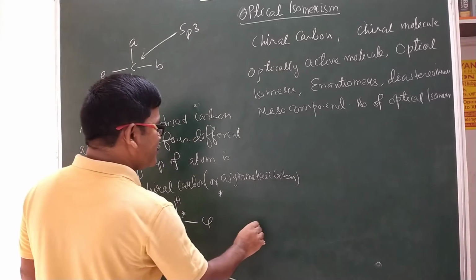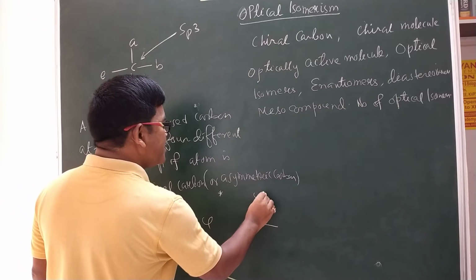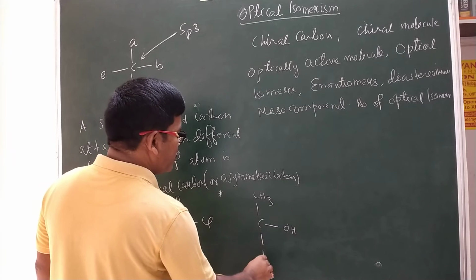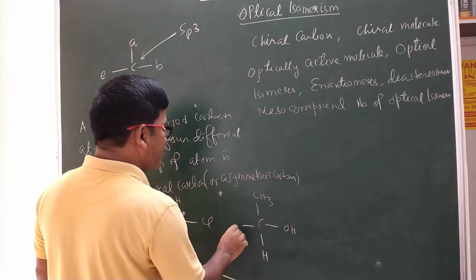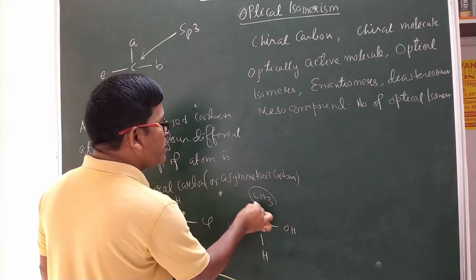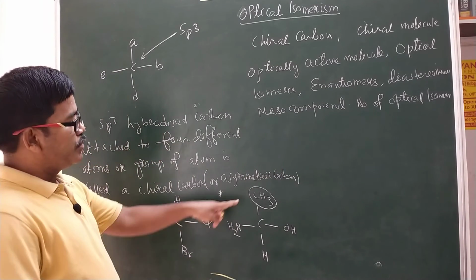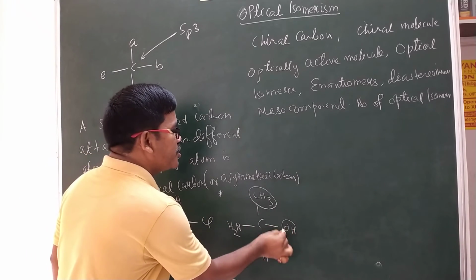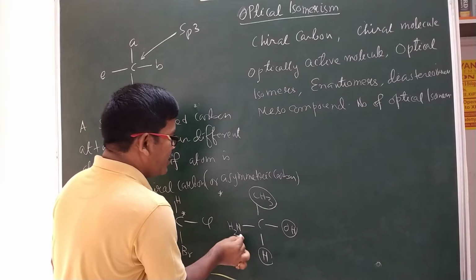Even we may have a carbon like this: this is CH3, this is OH, this is hydrogen, this can be NH2. Now we need to consider them as groups of atoms. This is CH3 and here is OH, here is H, here is NH2.